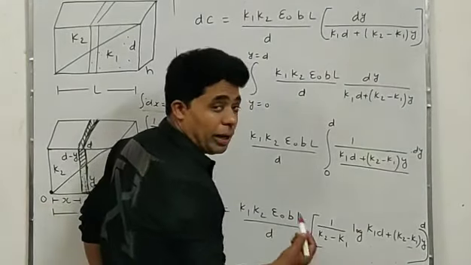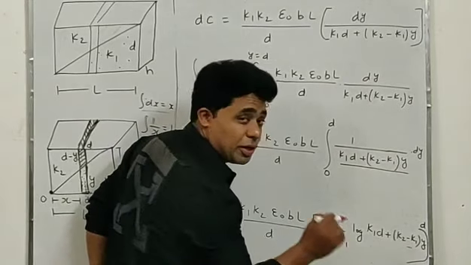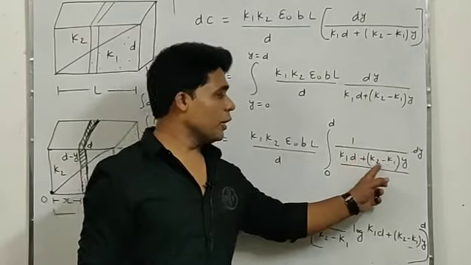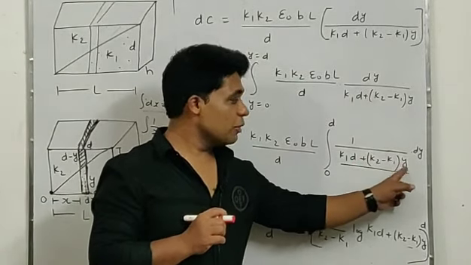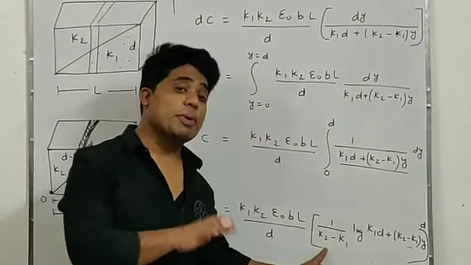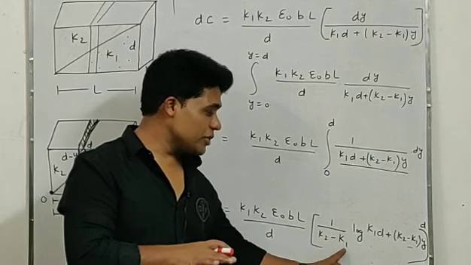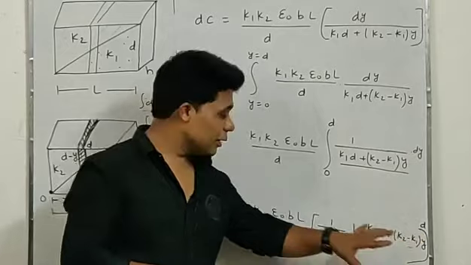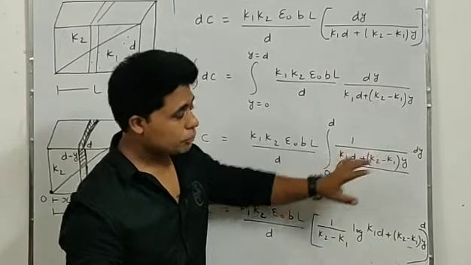And K2 minus K1 is a constant with the variable, so it comes in the denominator. So K2 minus K1 log K1 D plus (K2 minus K1) y will be the integration of this term.